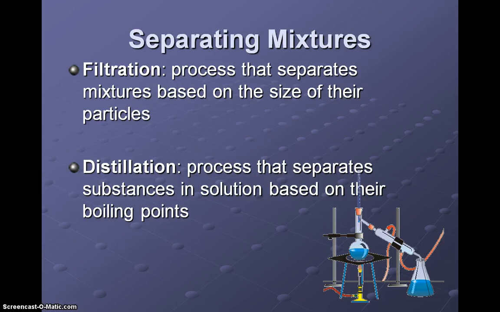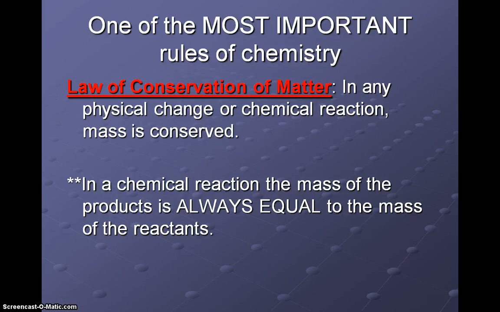Okay. Now, the last thing I want to kind of just throw into the end of this lecture is the law of conservation of matter. It's also known as the law of conservation of mass. And you probably heard of it stated in this way: mass can be neither created nor destroyed, it can only change forms. Okay, and that is true of chemical reactions.